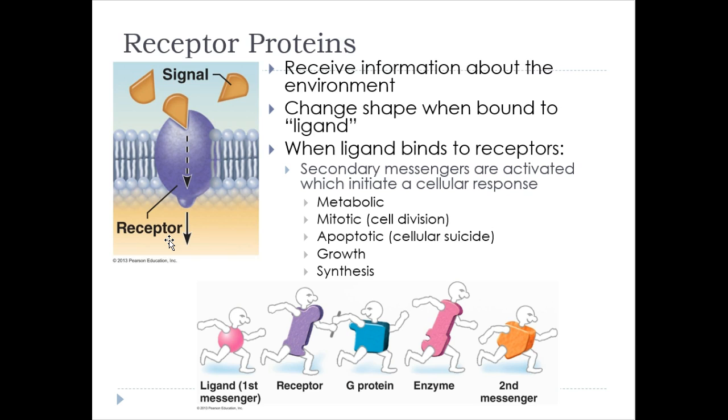Last two would be the receptor proteins. Receptor proteins are going to basically get some information from the outside of the cell and communicate it to the inside of the cell.